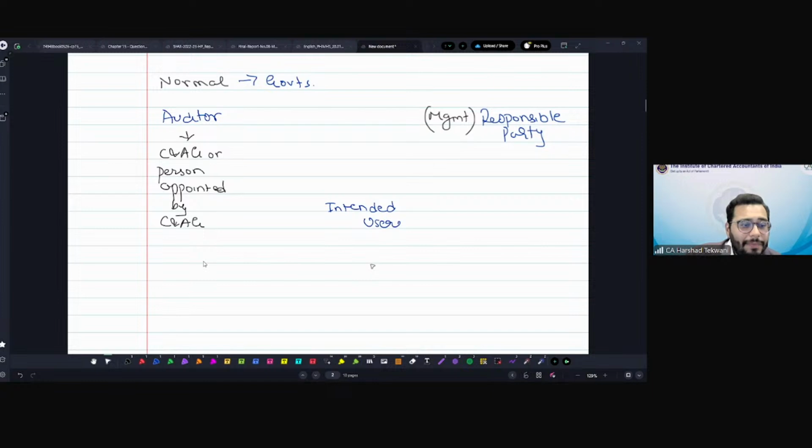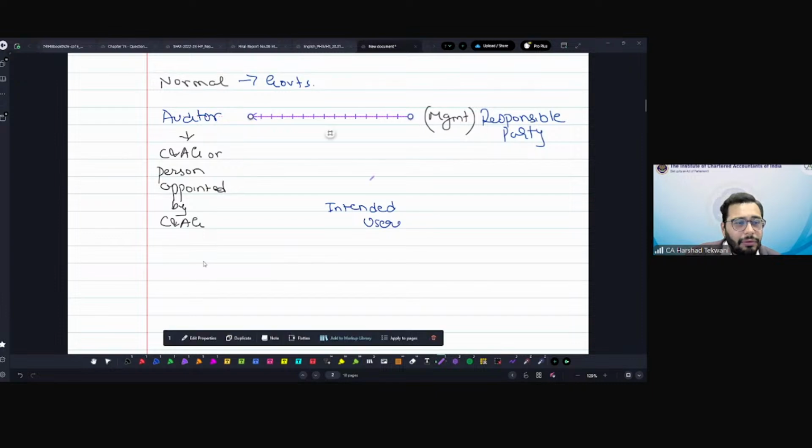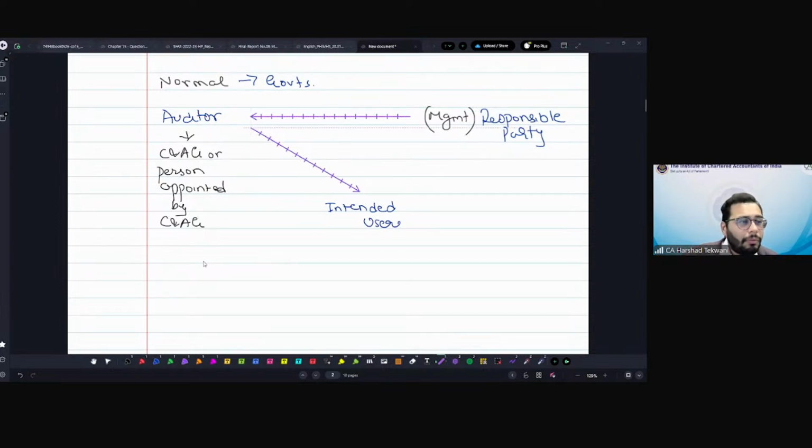So that's why it becomes the tri-party agreement or tri-party arrangement when it comes to the audit of government companies. Are you getting the point? This is how the tri-party arrangement in case of government companies works. Very important to understand.